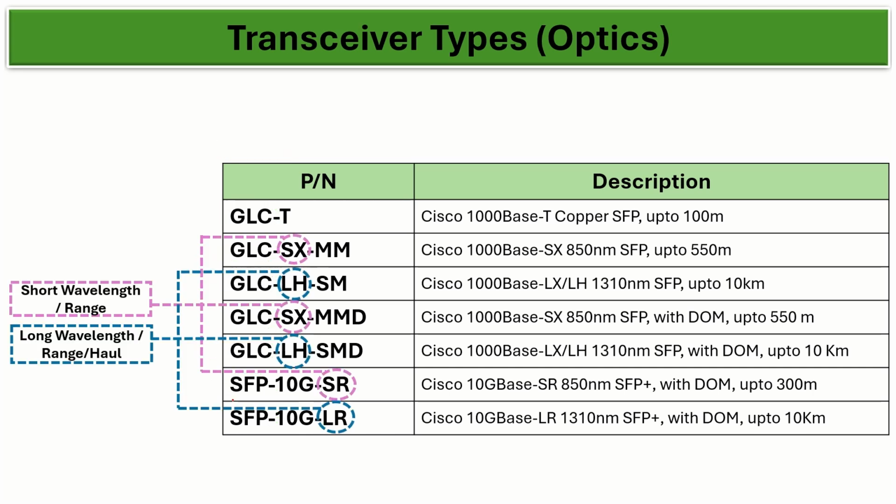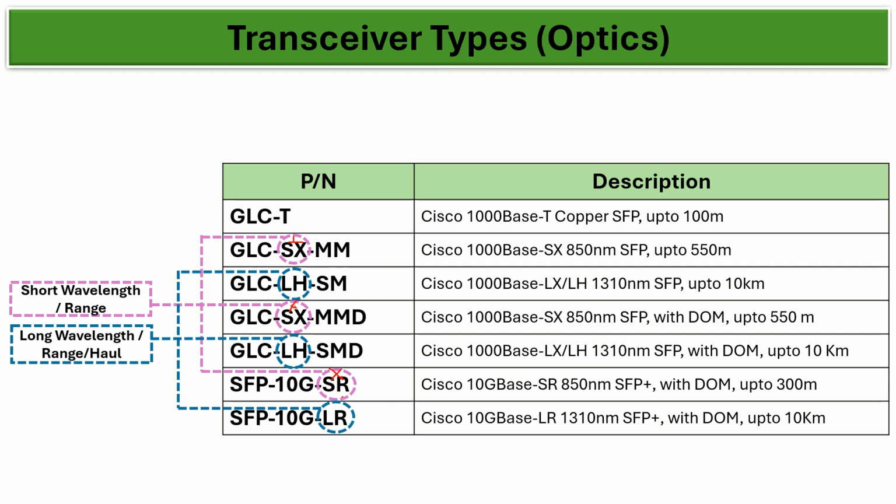Next, let's see which one is multi-mode and which one is the long haul or the single mode. Here we can see SX. SX means short wavelength, and SR means short range.